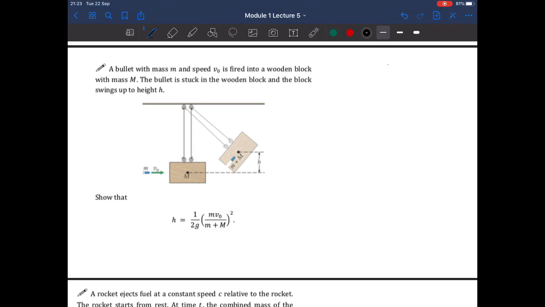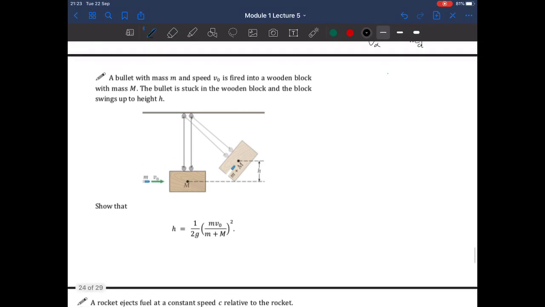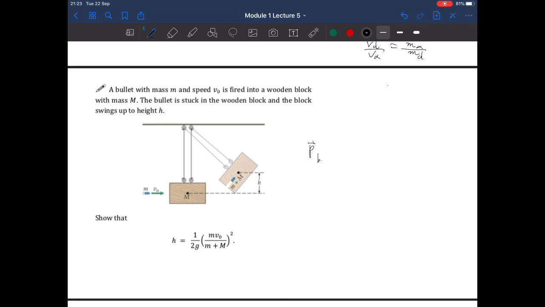Okay, so first of all you write down the equation for conservation of momentum. So what we have is p before equals p after. So what is p before? P before is just the mass of the bullet multiplied by the velocity of the bullet initially, and that would be equal to what happened afterwards, which is that both the bullet and the block are moving together with some other velocity, let's call it v.